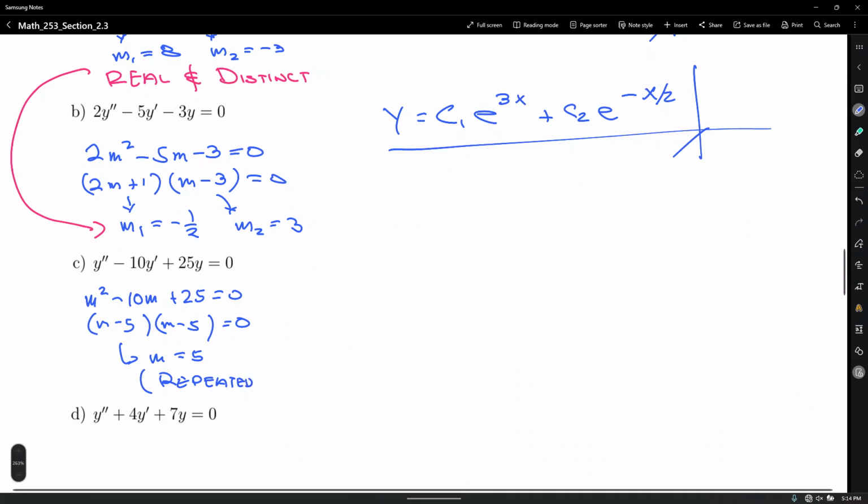In this case, because the solution is repeated, this cannot be just y equals c1 e to the 5x plus c2 e to the 5x, because you could combine these two together. In fact, e to the 5x and e to the 5x itself form a linearly dependent set of solutions.